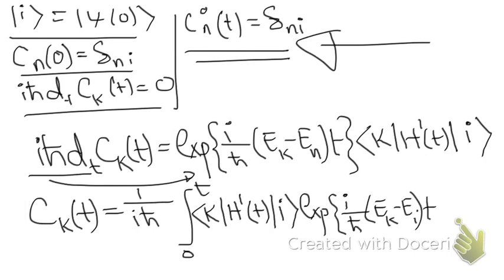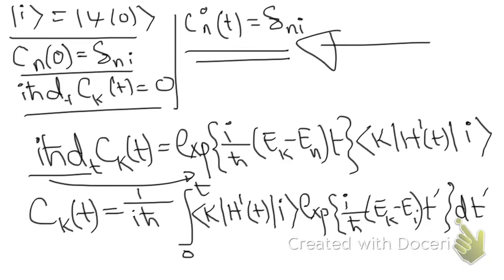But let's just write it as t prime, because my integration limit is from 0 to t. So let's use this as a dummy variable t prime, with respect to dt prime again.